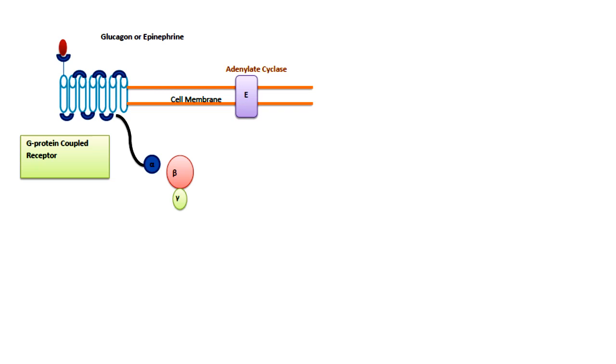The first one is allosteric regulation and the second one is covalent modification. Now let us check what those are. Allosteric regulation is by the molecule glucose 6-phosphate and covalent regulation is by phosphorylation and dephosphorylation.